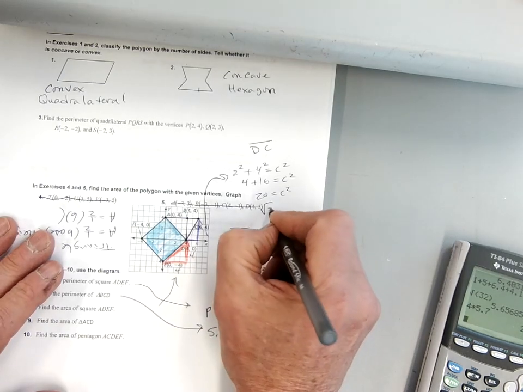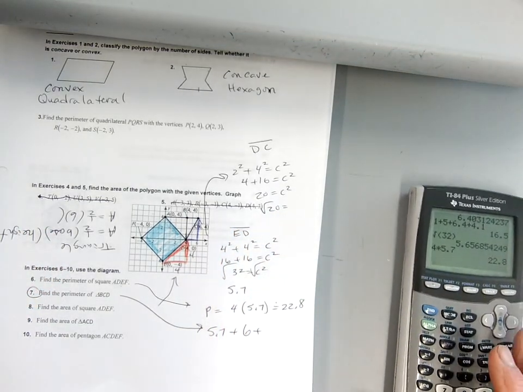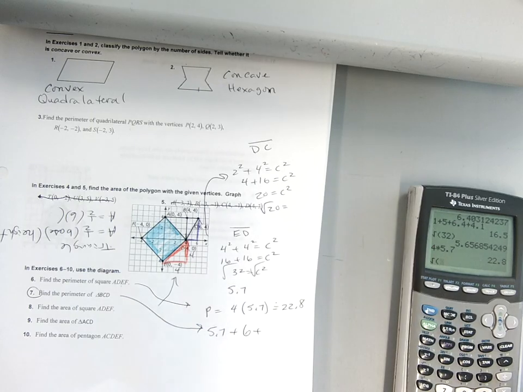Square root of 20, I'm just going to use my calculator. 4 point something, about 4.5.